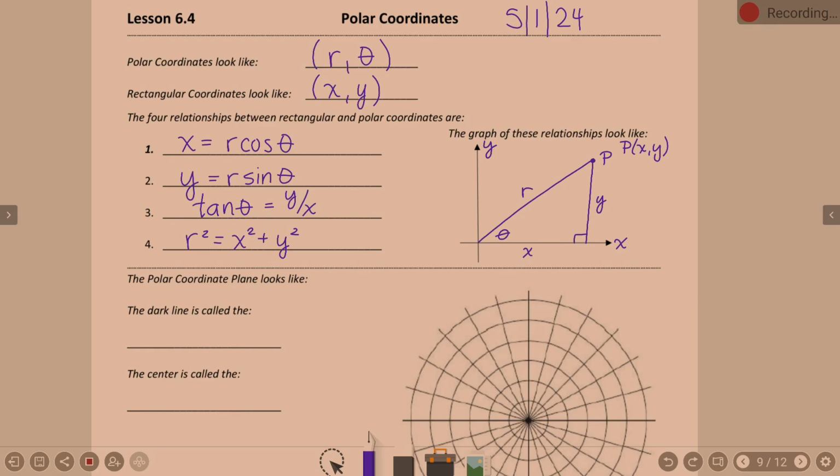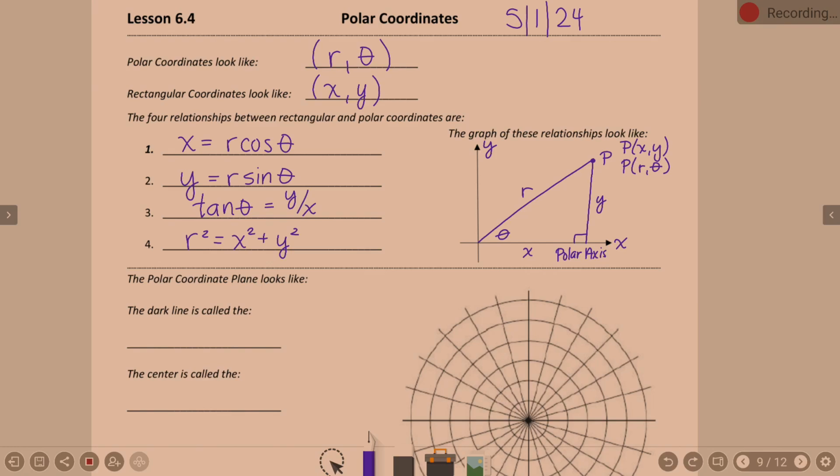Now, we also are going to talk about it as a polar coordinate, which means point P could also be the point r, comma, theta. We've already got theta and r on our paper. The x-axis is what we've grown up knowing; that's rectangular coordinates. This axis is also called the polar axis in polar coordinates.